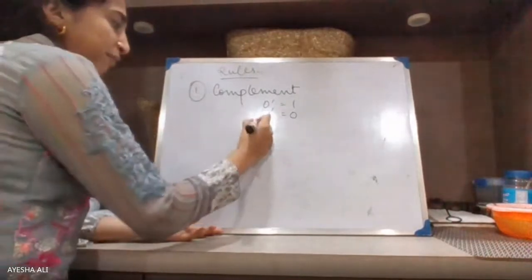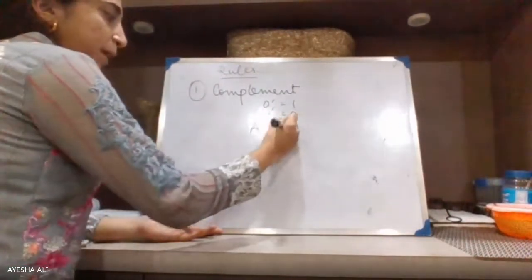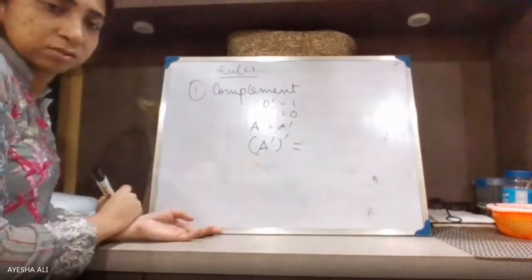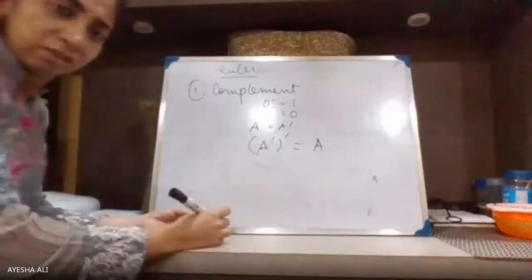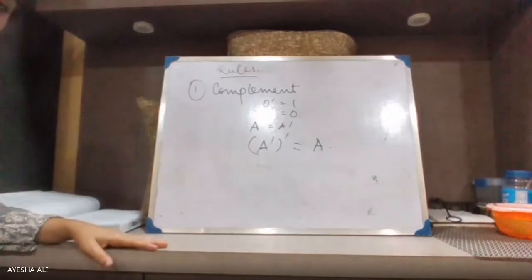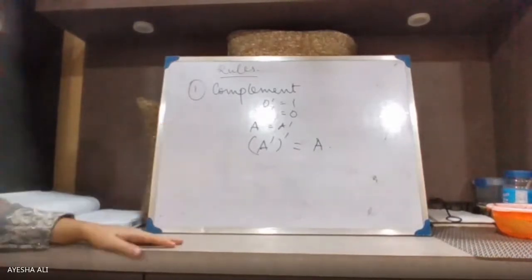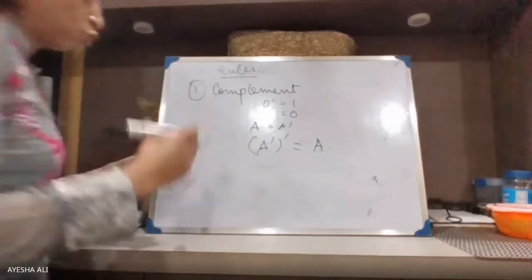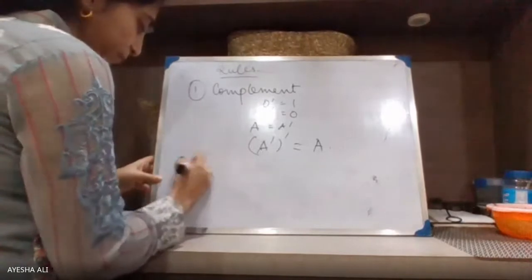So if I have A, my opposite will be A complement, and if I have A complement, it means A again. Very simple, nothing much to explain over here. Does anyone need explanation in this part? Good. Next rule is the AND gate rule.